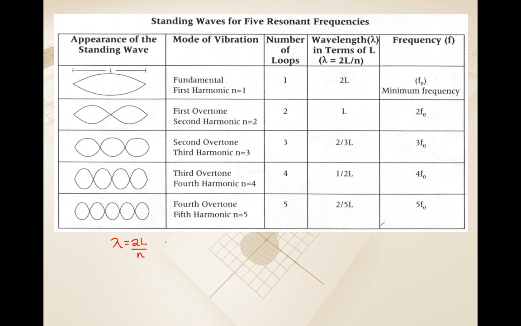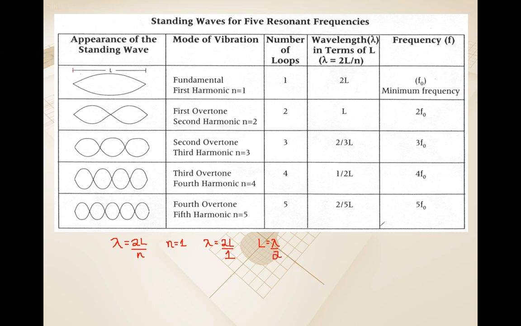If we're looking at the fundamental frequency, that would be where n is equal to 1. So lambda would then be equal to 2L divided by 1. Let's manipulate for L. So L would be equal to lambda over 2.